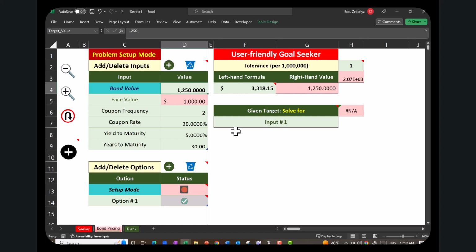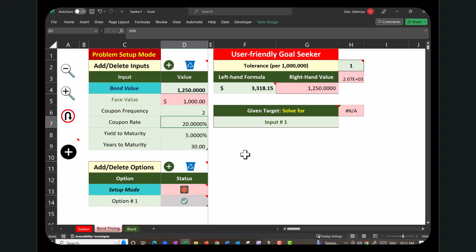Suppose I told you that this bond is trading at 1250, but you wanted to know the rate at which you need to discount the cash flows. We call it the yield to maturity. That's gonna make the price of this bond 1250.